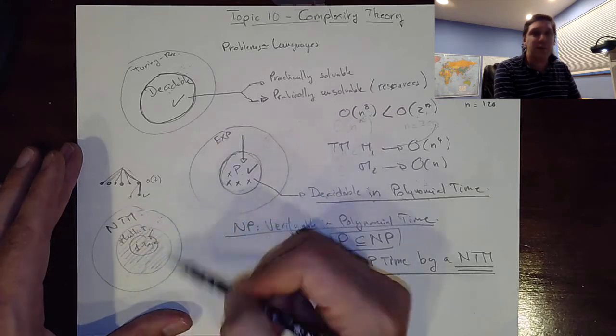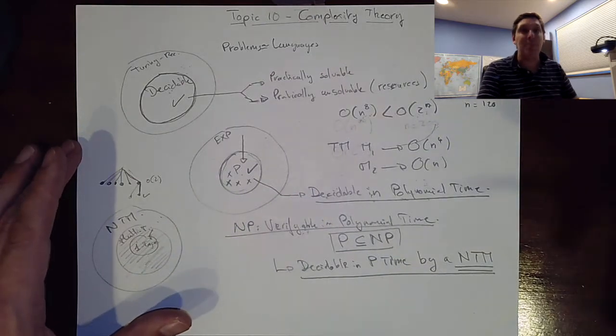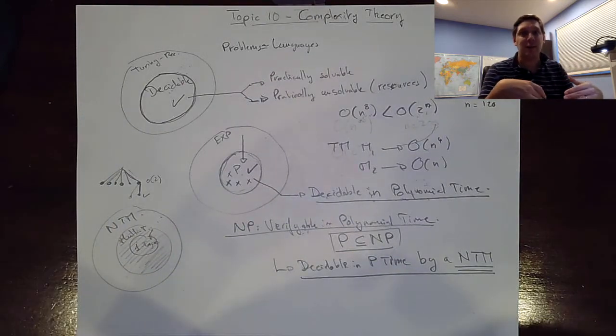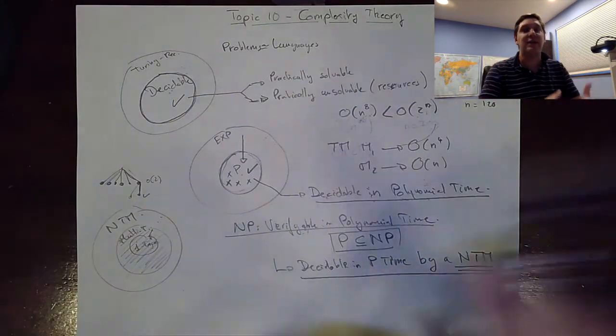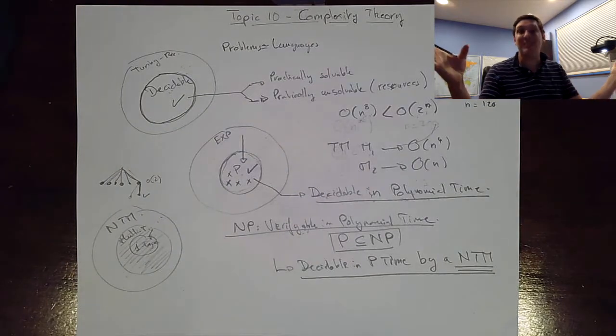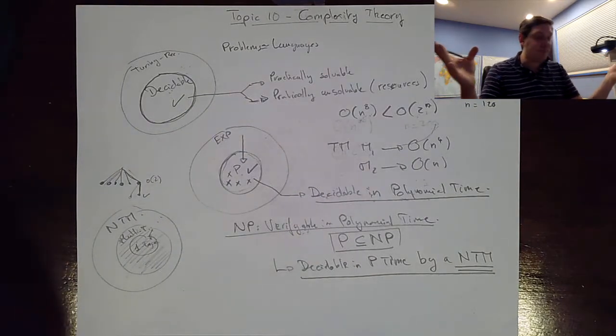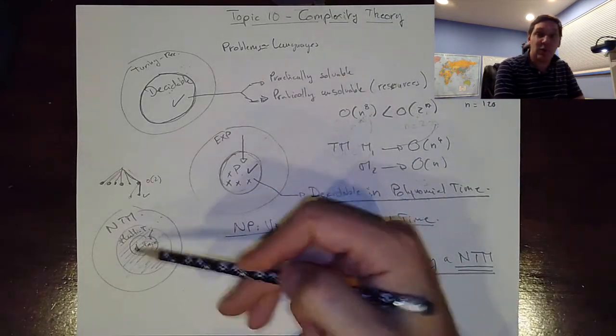With a non-deterministic Turing machine, you can take something that was exponential complexity and make it polynomial complexity, because you radically increase the power of your machine. Imagine it's like running an infinity of deterministic Turing machines at the same time, so it's incredibly powerful.